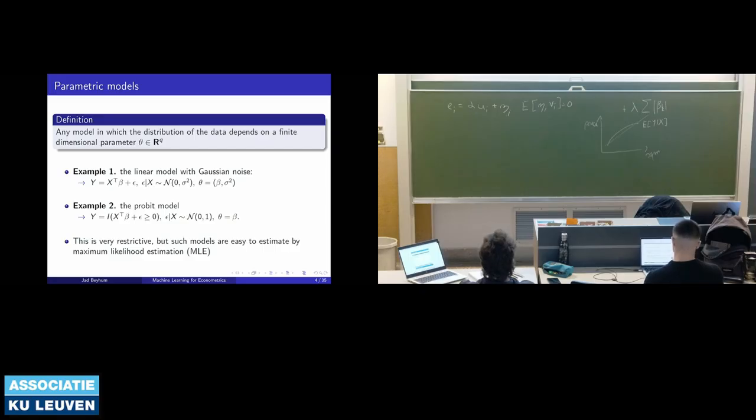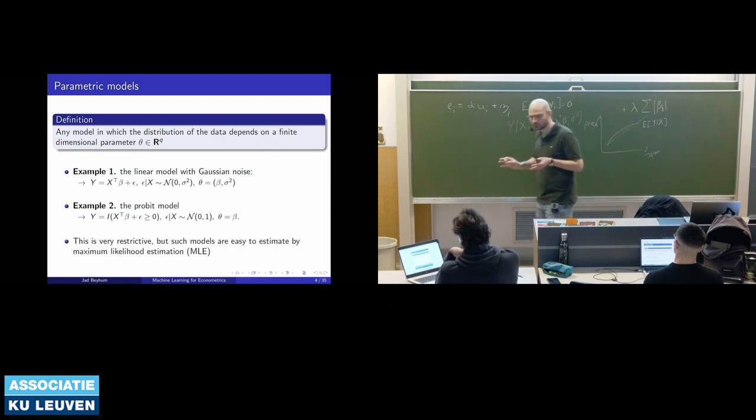You assume that y is equal to x prime beta plus epsilon, and epsilon is independent of x and follows a normal(0, sigma square). Then here you know exactly the distribution of the data. You know exactly the distribution of y given x, because in that case y given x is just a normal(x prime beta, sigma square). And so the distribution of y given x is fully determined by beta and sigma square, so it's fully determined by real numbers.